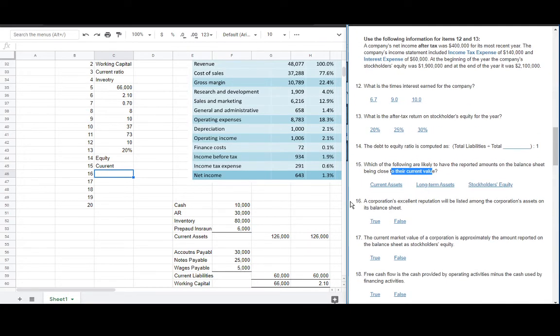So, number 16, a corporation's excellent reputation will be listed among the corporation's assets on its balance sheet. No. Why? Because this excellent reputation is a subjective amount. For example, Jollibee, isn't Jollibee famous in the Philippines? So the value of that, 1 million, 6 million? Actually, we have no reliable basis on its value.